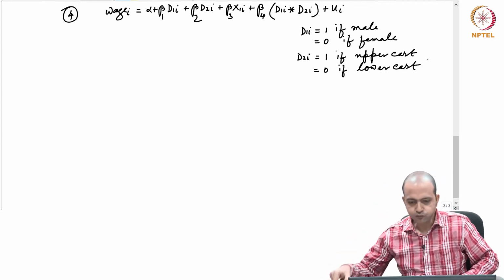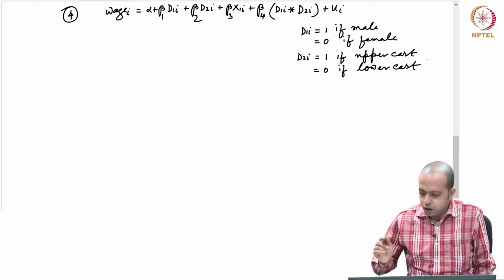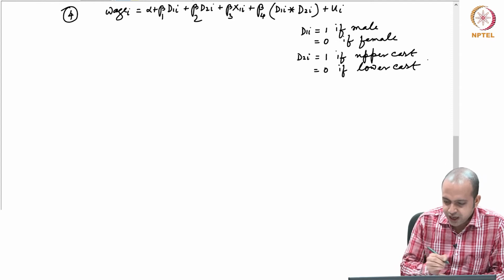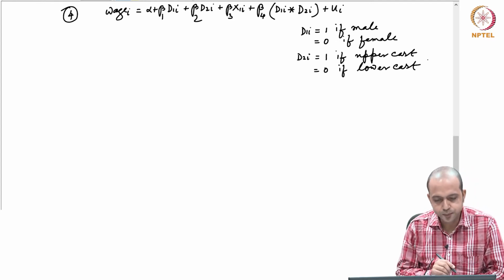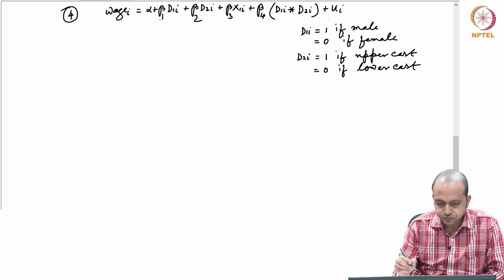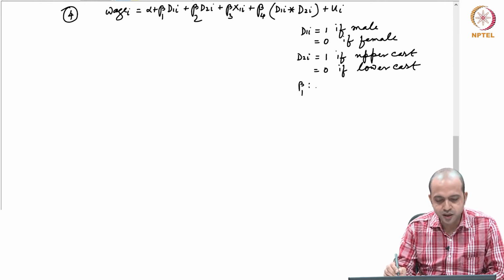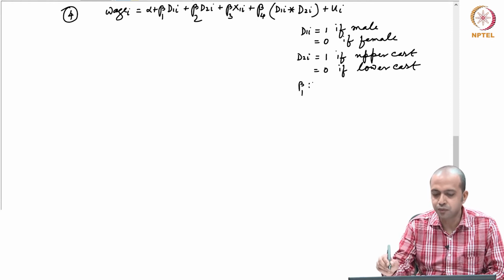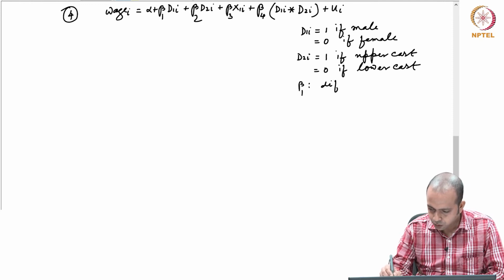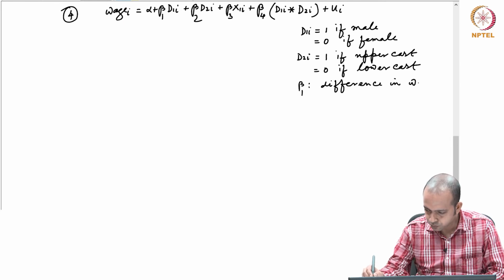Okay. So now, what we will do to derive the interpretation of beta 4. Beta 1 indicates the difference in wage for being male.